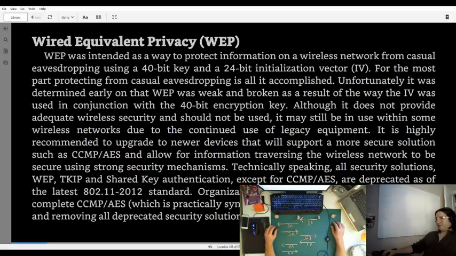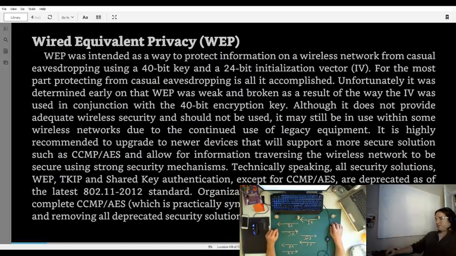Technically speaking, all security solutions, WEP, TKIP, and shared key authentication, except for CCMP AES, are deprecated as of the latest 802.11-2012 standard.